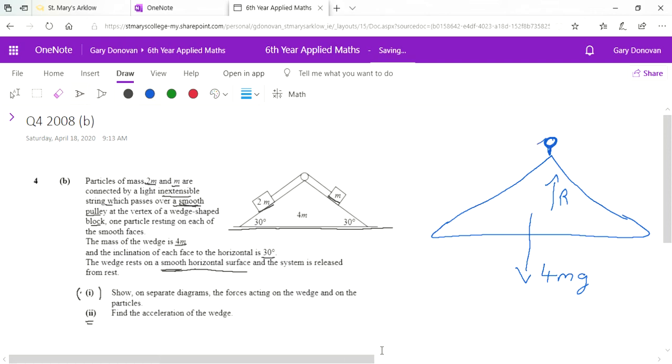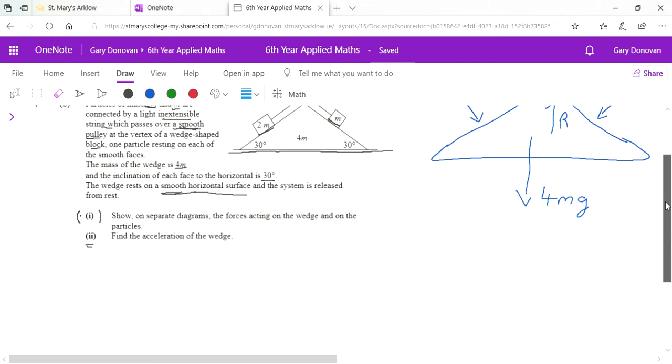Because the string is acting over it, we have a tension force pulling on the pulley in this direction and a tension force pulling in this direction as well. Because it's the same string, those tension forces will be equal. The 2m particle is going to push in as well, and we'll call that reaction force R1, because it's a result of the weight that the 2m particle is pushing down. And we'll call this reaction force R2. So that's the force diagram for the wedge.